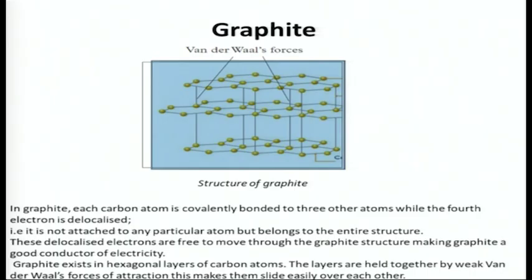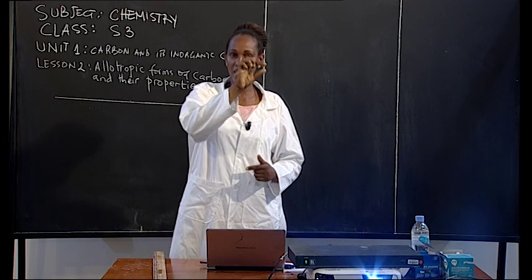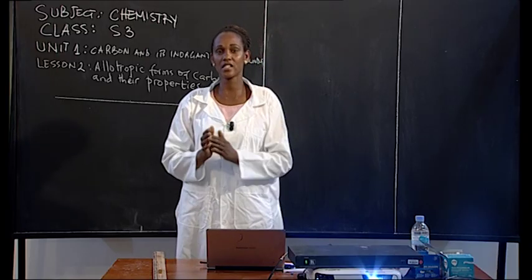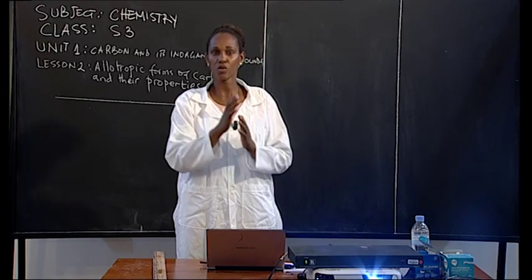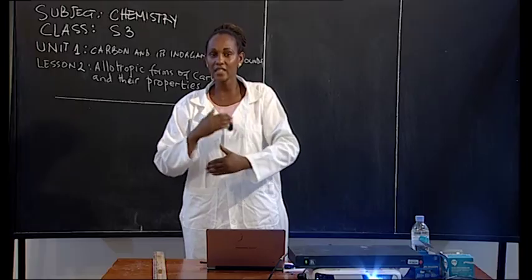Each carbon is bonded to 3 other carbons, and you find that another electron is just left free. So it means that 1 electron is just free. The term we use here is delocalized electron, free movement of electron. That's where we shall find that the structure gives it the use of conducting electricity.